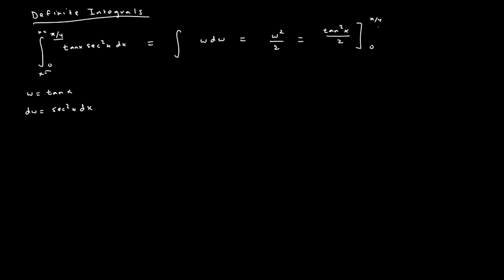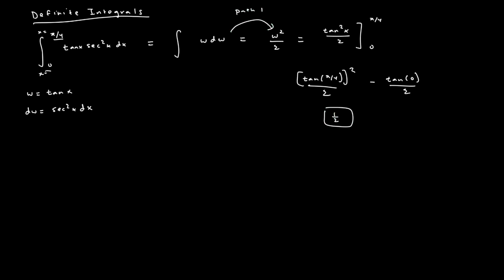And therefore we get tangent of pi over 4 squared divided by 2 minus tangent of 0 divided by 2. Tangent of pi over 4 is 1, and we know that tangent of 0 is 0, so this is simply 1/2. So that's a valid way of doing it, and I'll call this path 1.